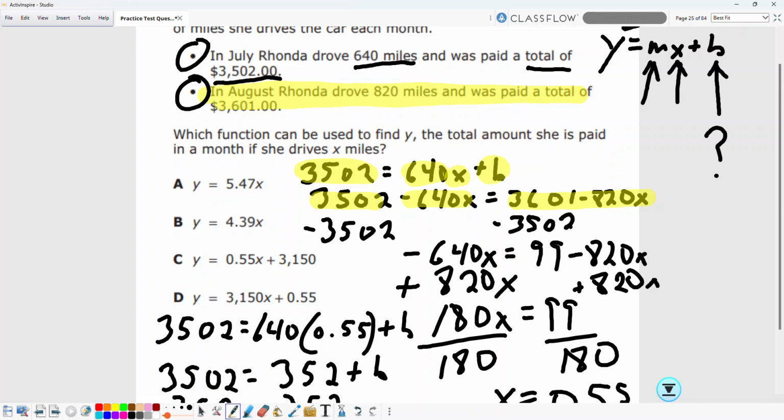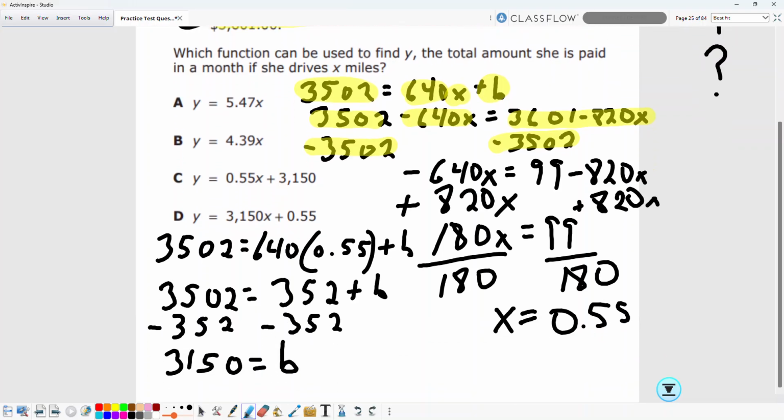So I'm going to take away $3,502 from the left, and then I'm also going to do that from the right. So then that leaves a negative 640x equals 99 minus 820x. So when I take the 820x and I add its opposite, I can get rid of it on the right.